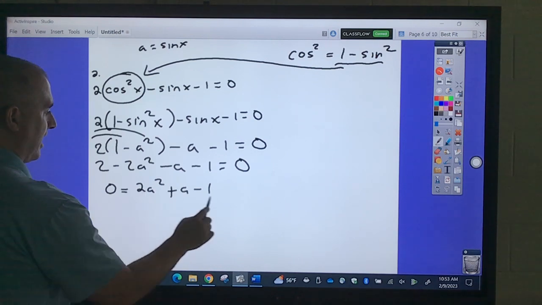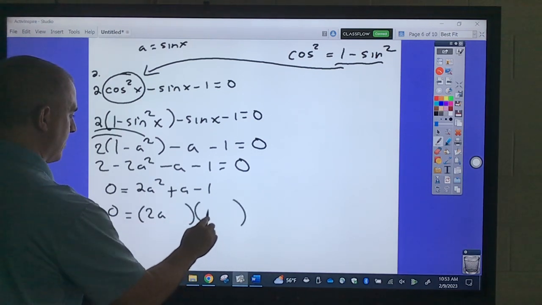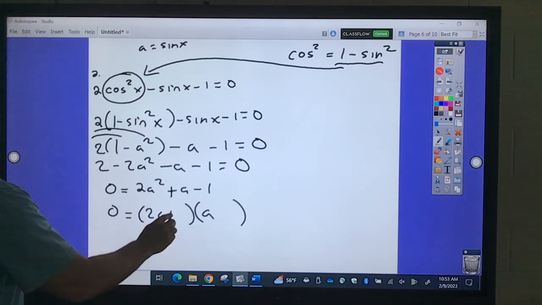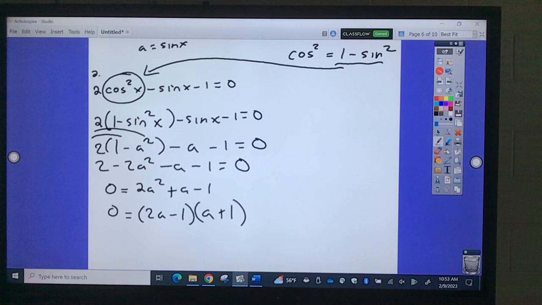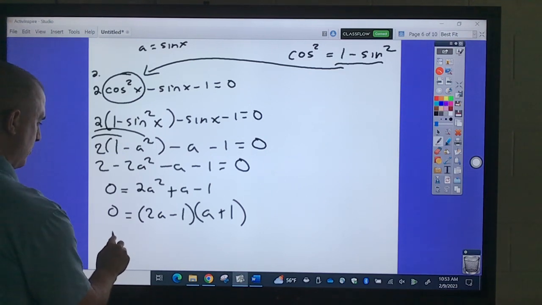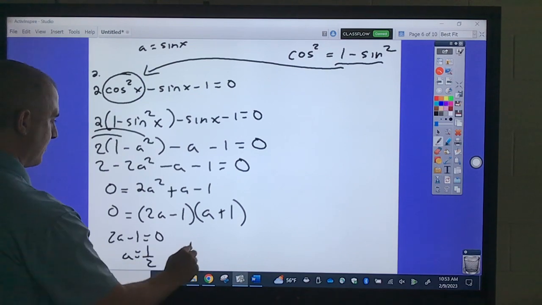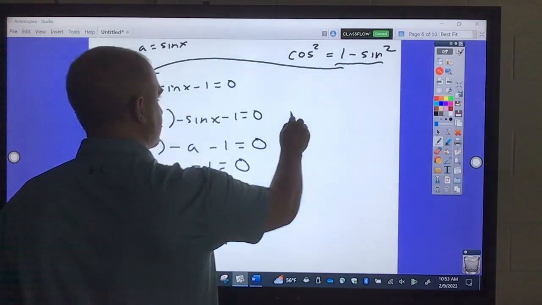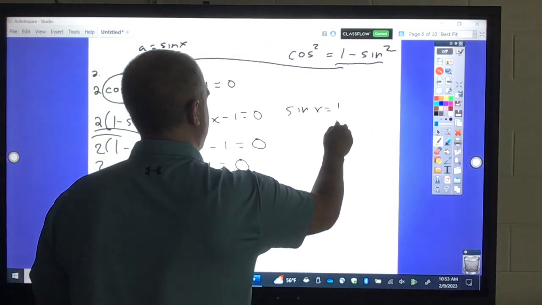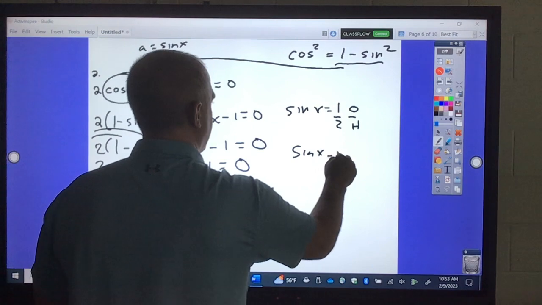So when I go to factor, that's going to be 2a and a, plus 1 and minus 1. So I got 2a minus 1 equaling 0, so a would be a half. And I got a equaling negative 1. Bring back sine. You got sine of x equaling 1 half, that's O over h. I got sine of x equaling negative 1.